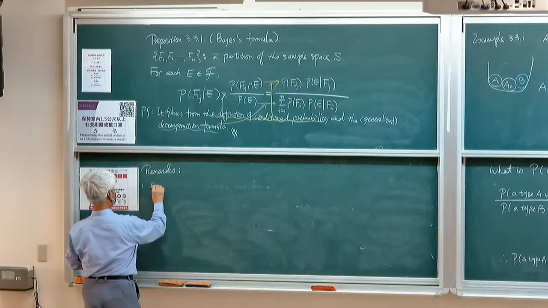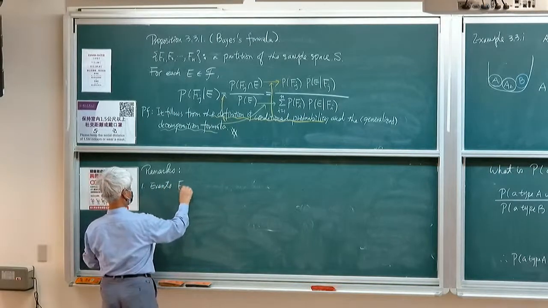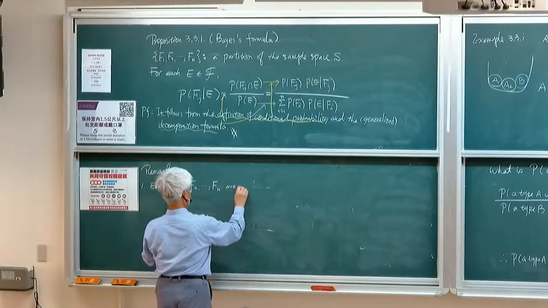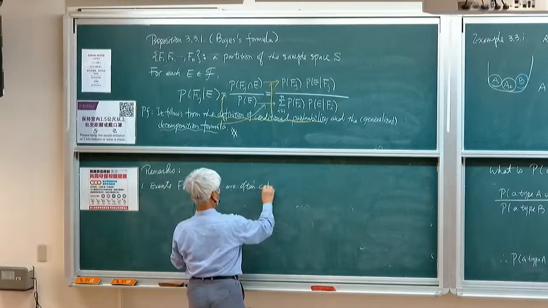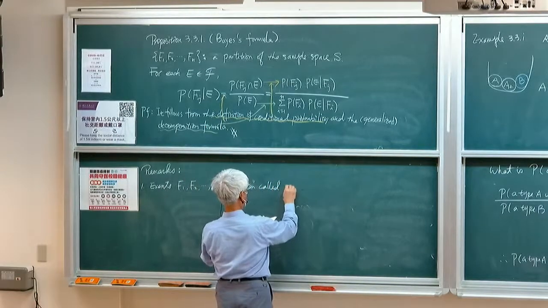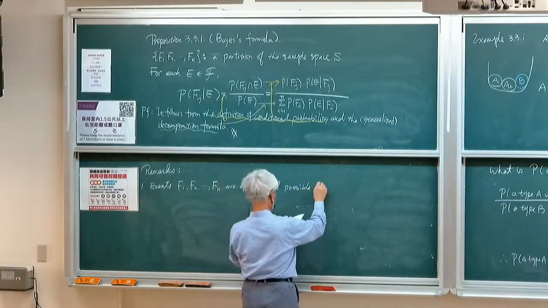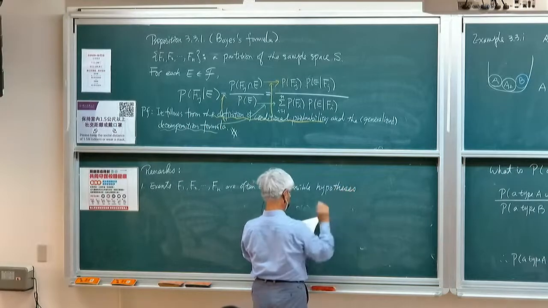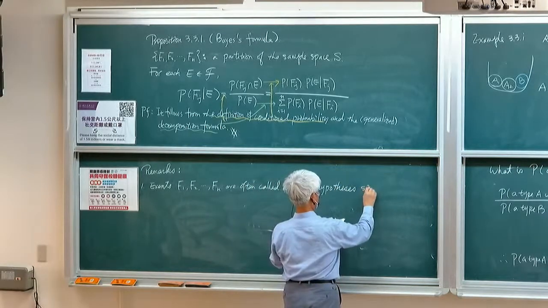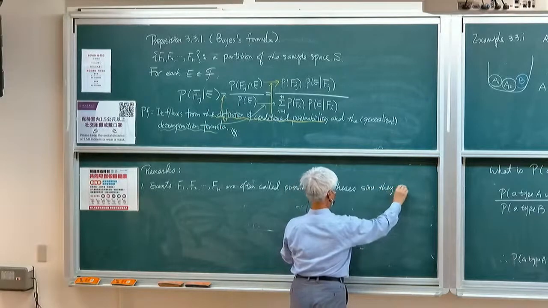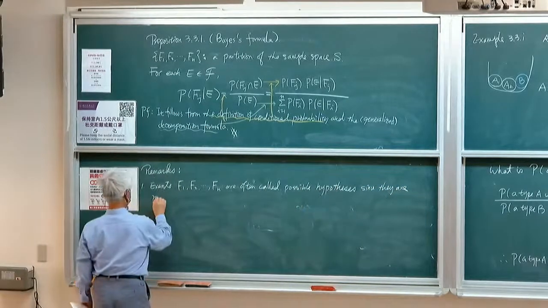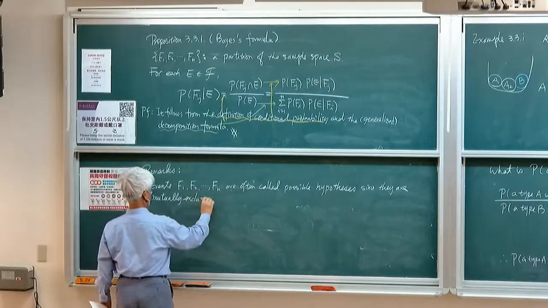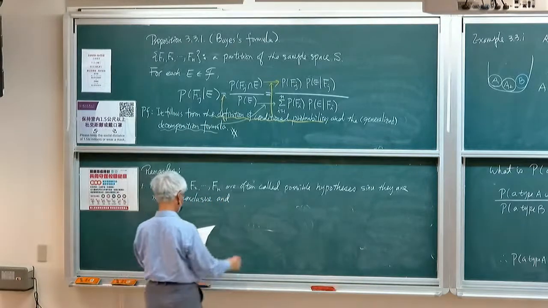First of all, events F1, F2, up to Fn are often called possible hypotheses, since they are mutually exclusive and exhaustive.